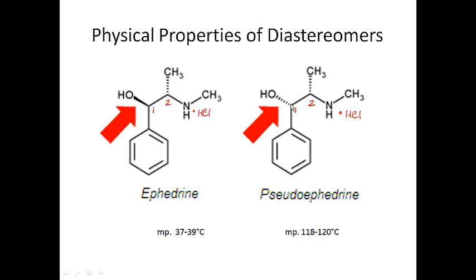And one enantiomer of pseudoephedrine would be the D form, and the other enantiomer would be the L form. And one enantiomer of ephedrine would be the D form, and the other version would be the L form. Okay, so diastereomers are different molecules, but diastereomers still have enantiomers of each other.